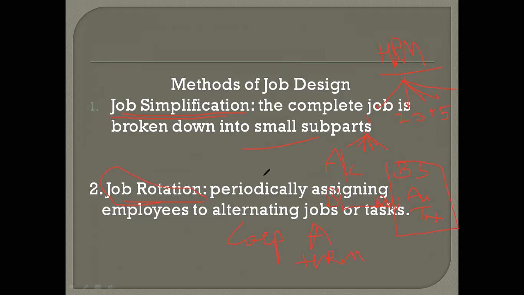This is job rotation. By job rotation we mean periodically assigning employees alternate, different jobs or different tasks, so that monotony is broken, so that sameness is broken in the job, so as to improve job satisfaction.